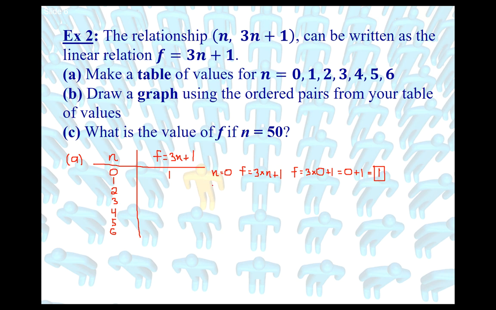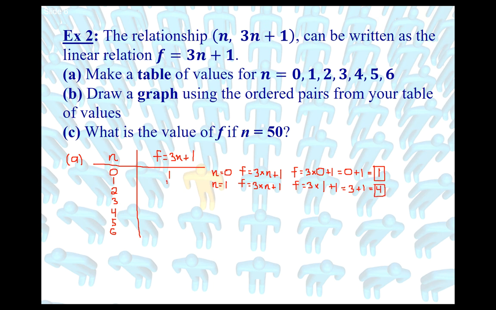Okay, let's do n equals 1 and plug it into the same equation, f is equal to 3 times n plus 1. When I sub that in, that'd be f is equal to 3 times 1 plus 1. 3 times 1 is 3, plus 1 is going to be equal to 4.